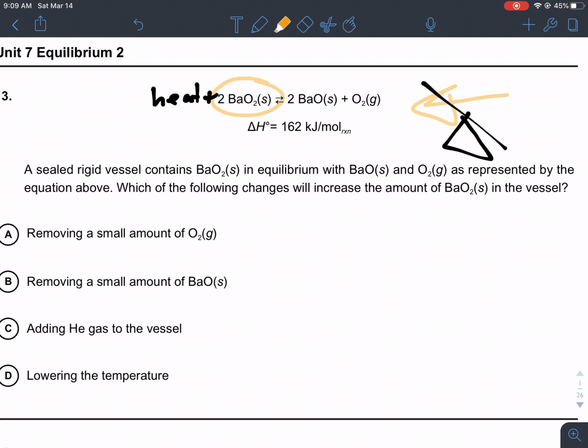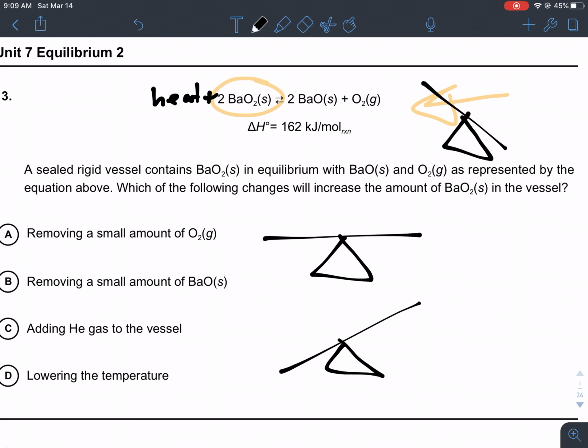All right, A, if I remove a small amount of O2, think of what it does to my equilibrium. Those are kids on the right side of the seesaw. If I remove them, that right side will go up. That's wrong. I don't want that to happen. I will make the reaction go forward to get back to equilibrium.